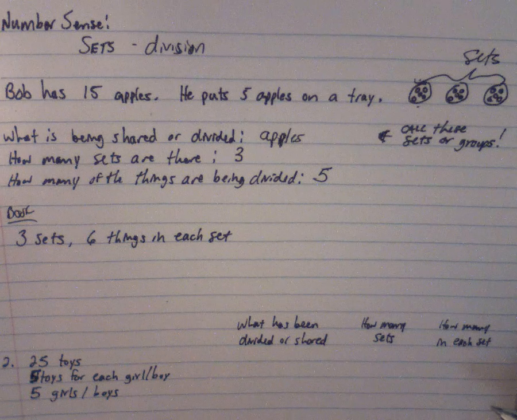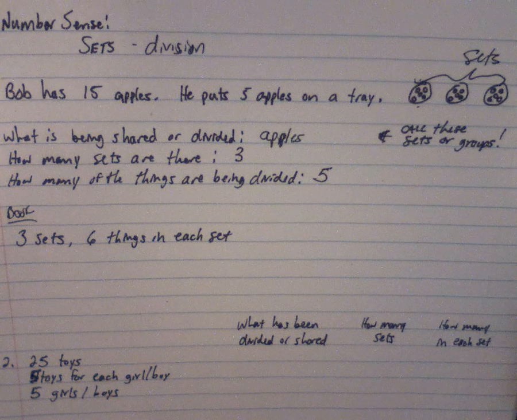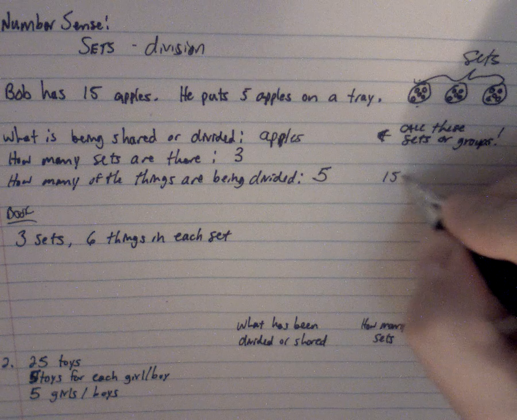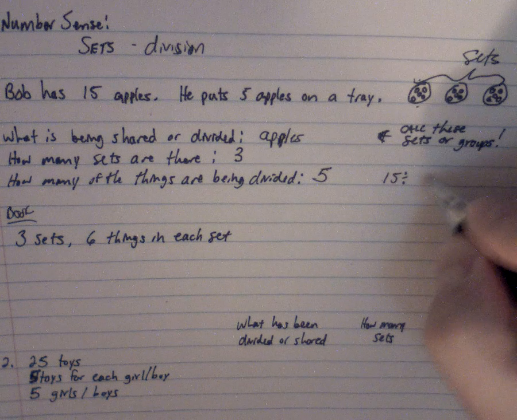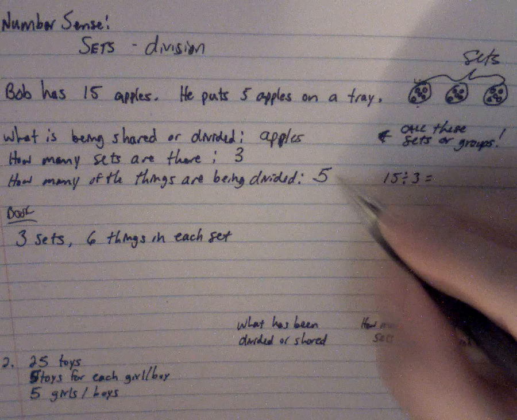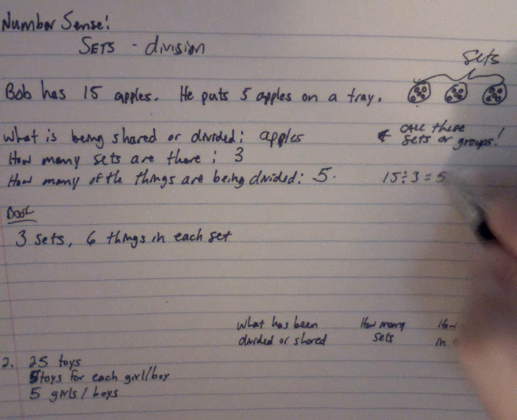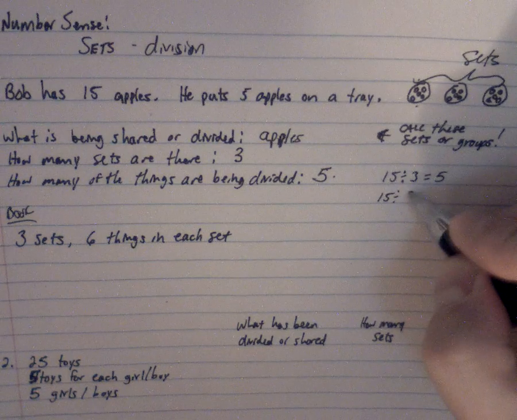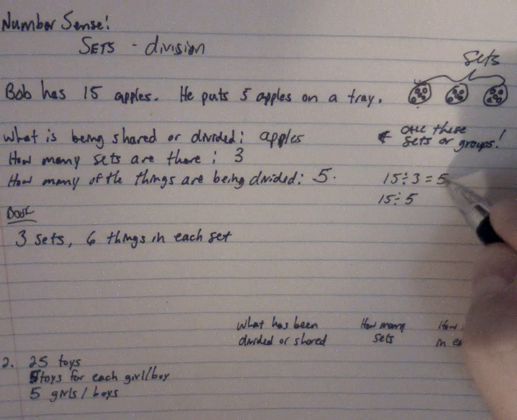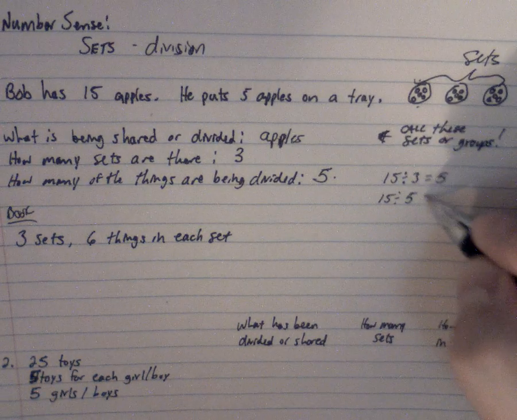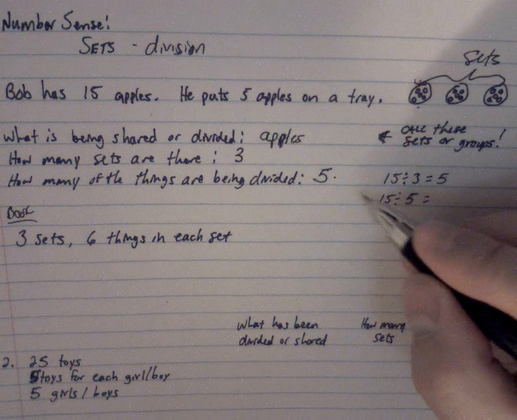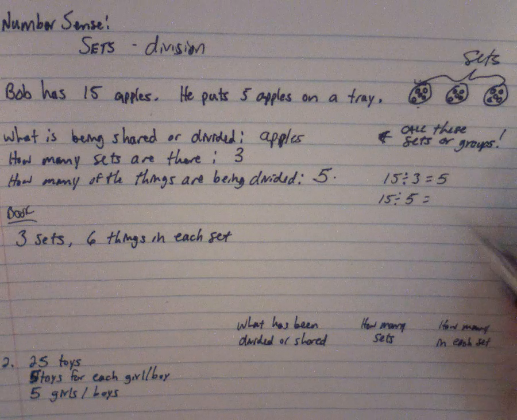So basically what we said is that we could do it either way. 15 divided by 3 gives us 5, or 15 divided by 5, so 3 sets gives us 5 apples on each tray. If we divide 15 in total by the 5 that are on each tray, we want to know how many trays we're going to get.